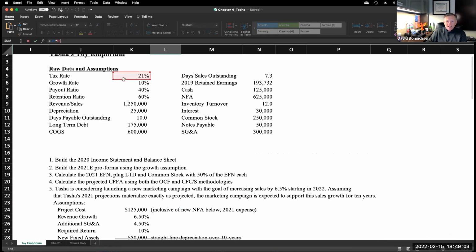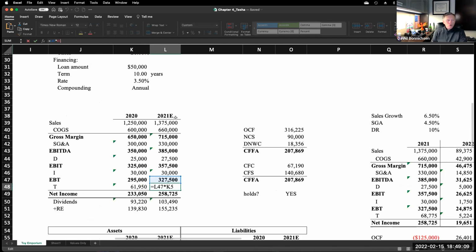So you're given a tax rate in your assumption table. Use the tax rate times EBT. Do not grow the tax by 1 plus the growth rate. You will make a boo-boo. It's not a huge boo-boo, it depends upon what the interest number is, but it's not going to be correct.